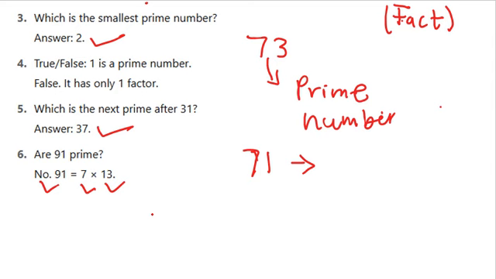So 71 is, I mean, is a prime number because you get itself again. Whenever you press the factorize button and you get the number itself again, it means that number is a prime number.